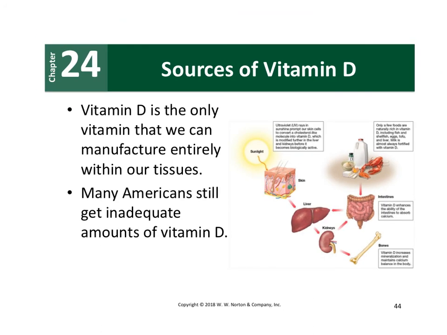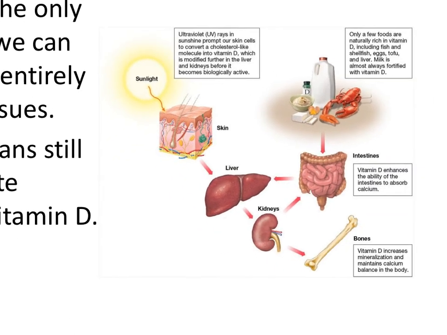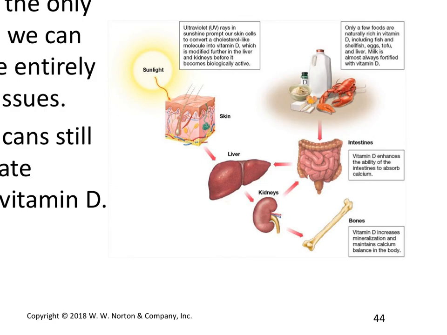Vitamin D is the only vitamin that we can have manufactured entirely within our tissues from sunlight. So UV rays in the sunshine prompt our skin cells to convert a cholesterol-like molecule to vitamin D, which is then further modified in the liver and kidneys before becoming biologically active.